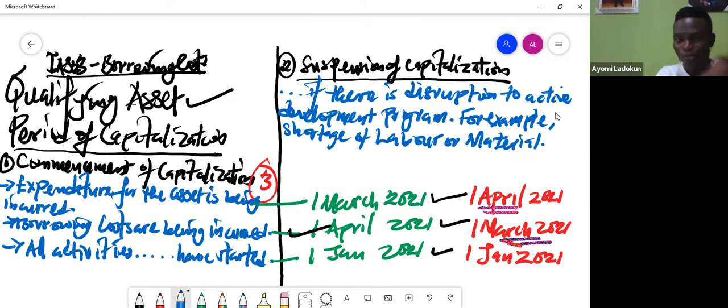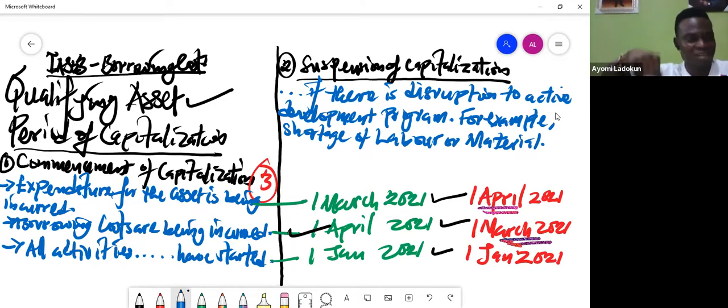Let me give you a classical example. Let's say you are constructing a building. When you get to a particular level, you cast the building, doing decking, and you are waiting for that casting to solidify. When you cast a building, they will say wait for 21 days, or you wait for 30 days or one month.